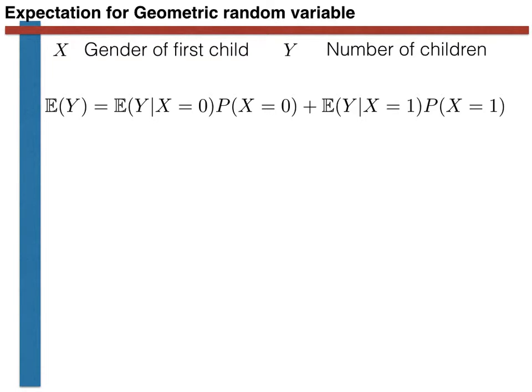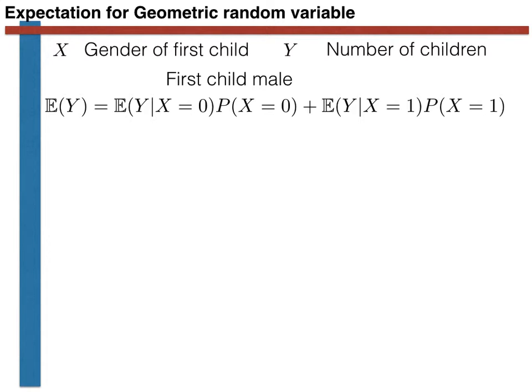There are two terms in this expression, as the first child can be either male or female. Arbitrarily, we decide that if the baby is male, the random variable capital X is equal to 0. When we consider the first term in this expression, we are thus considering what happens when the first child in their family is male.